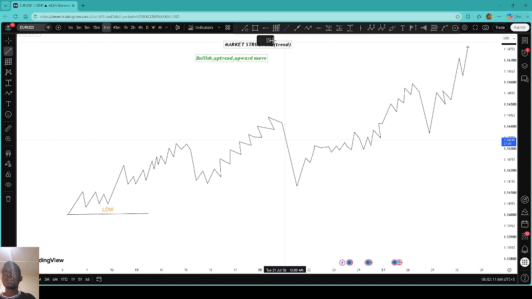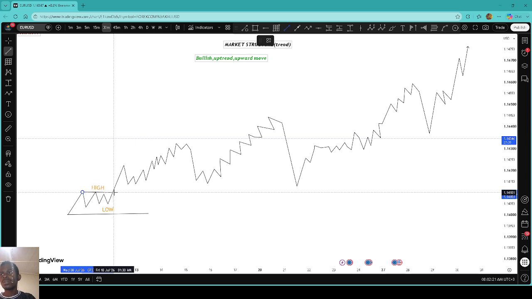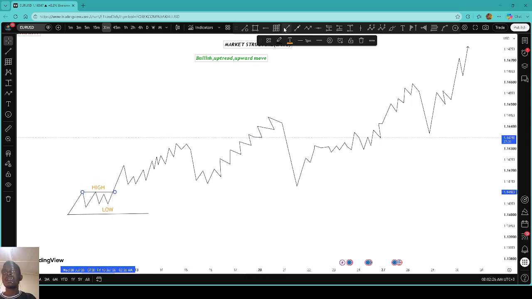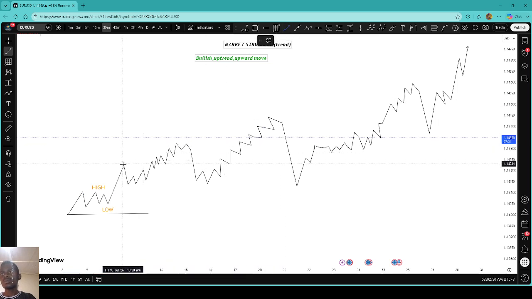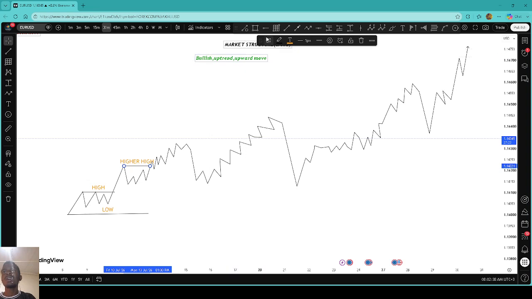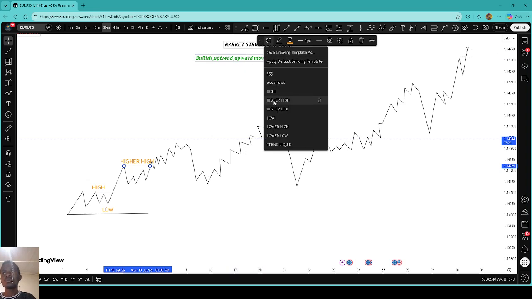After creating a low, it created a high first. After creating the high, it created a higher high. Then a higher low.